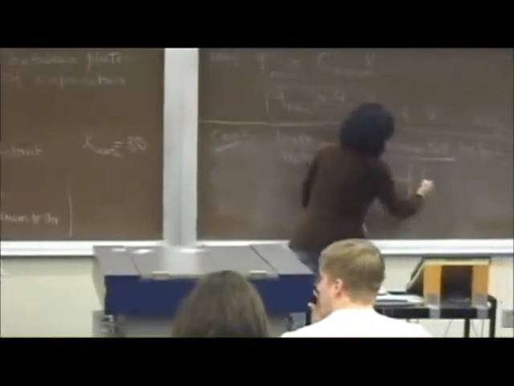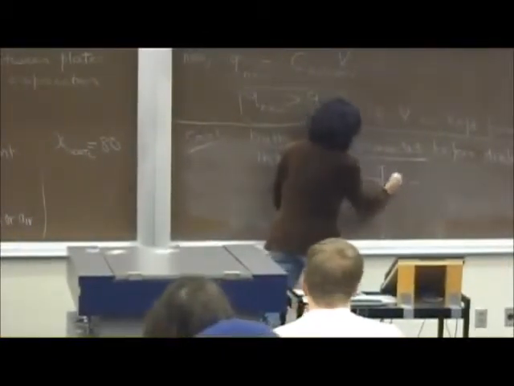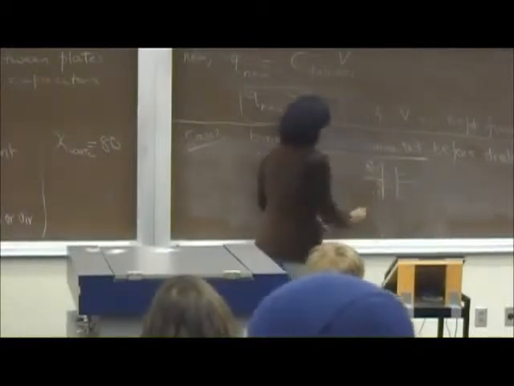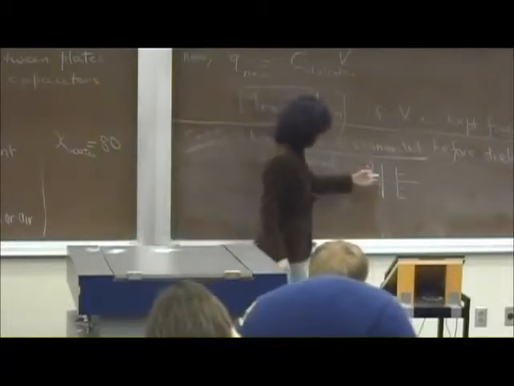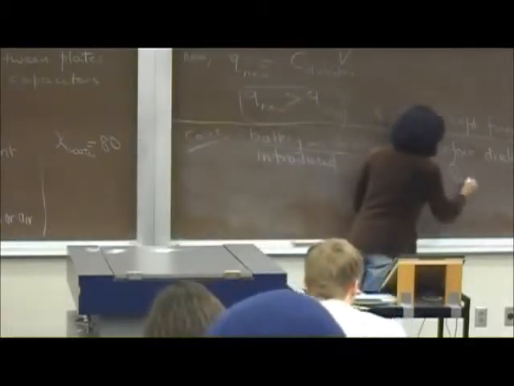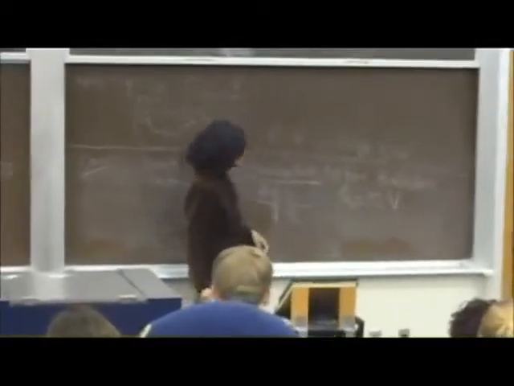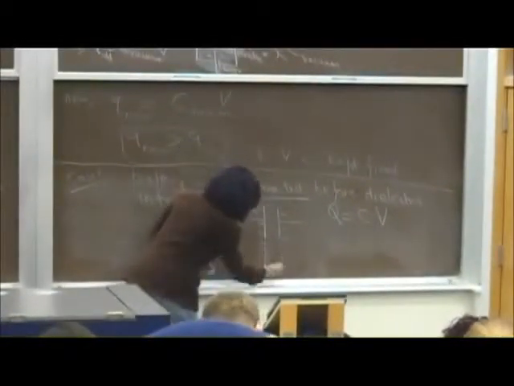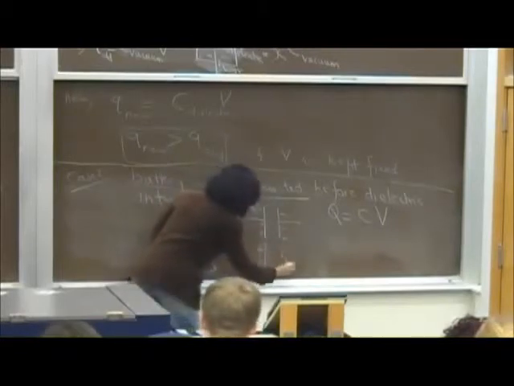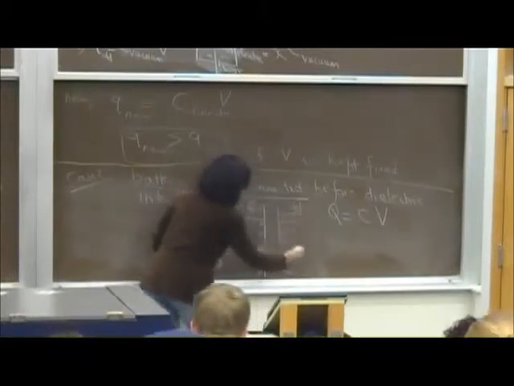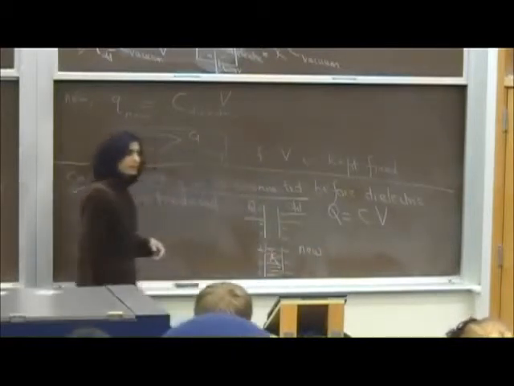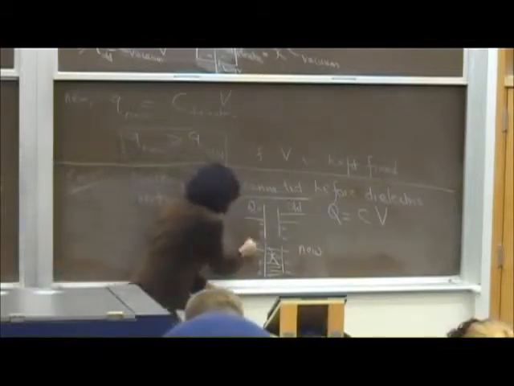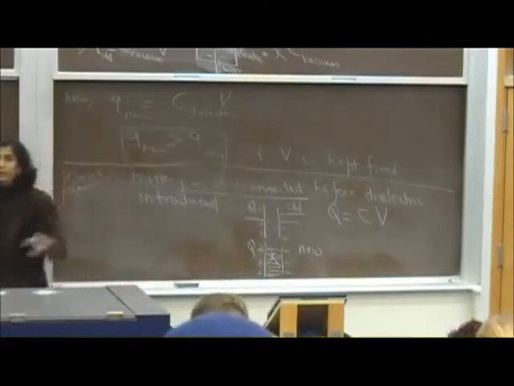Does everybody see that if the battery is disconnected, suppose I have a capacitor like this with some charge Q. This Q is fixed. Good. What you again have is Q equal to C times V. This time, as soon as we introduce dielectric, this is the old situation. This is the new situation. In the new situation, we have dielectric here with some dielectric constant kappa. But Q is fixed. I'm not letting any current flow in this circuit.